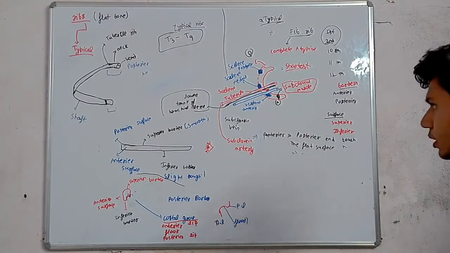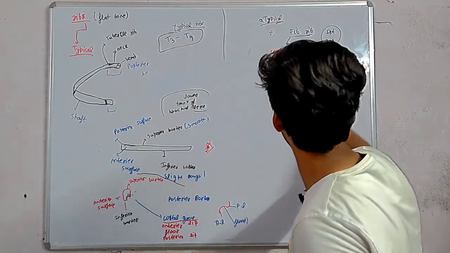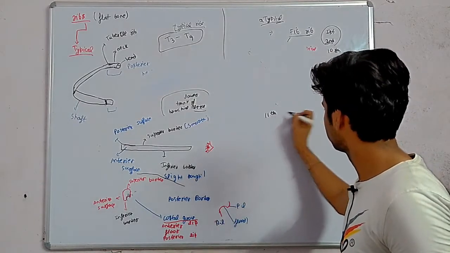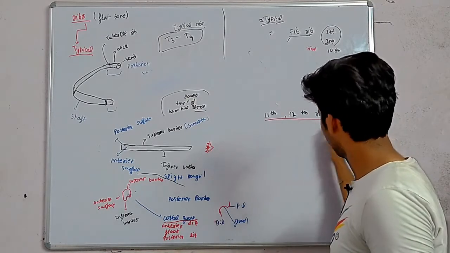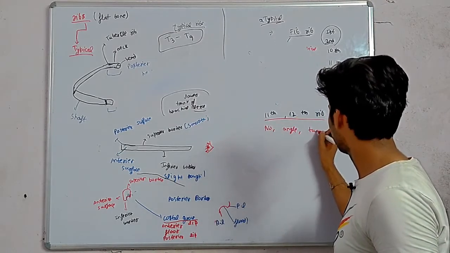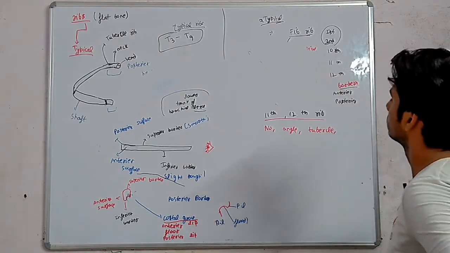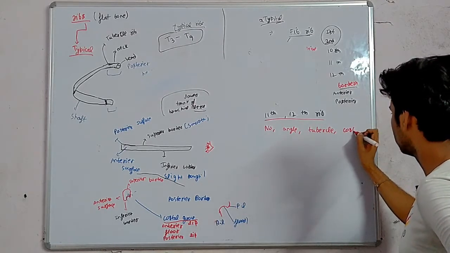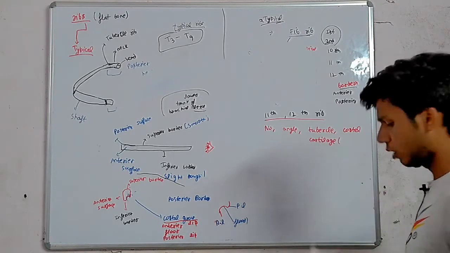Let's talk about the 11th and 12th ribs. For the 11th and 12th ribs: no angle, no tubercle, and the costal cartilage is not completely developed.